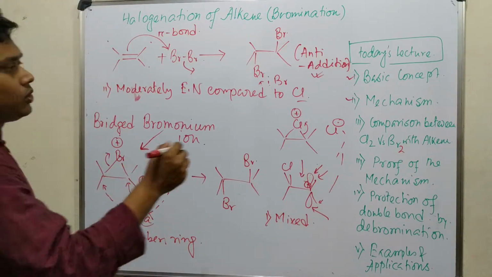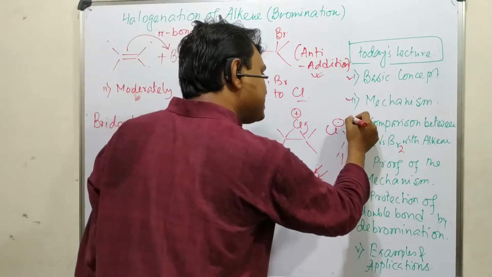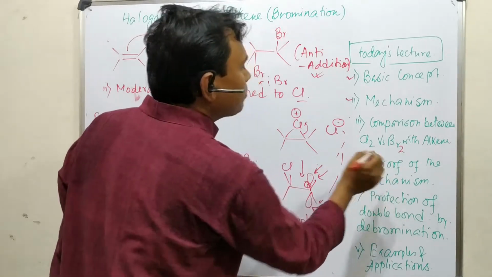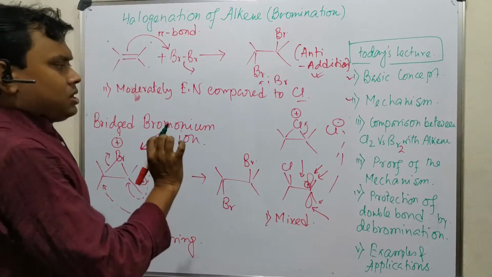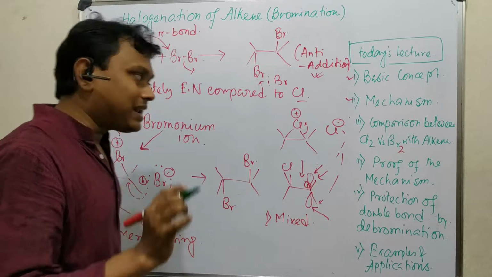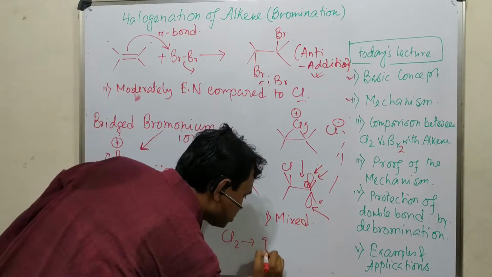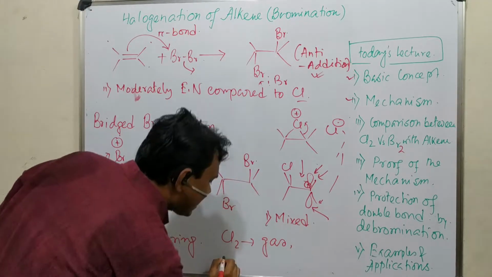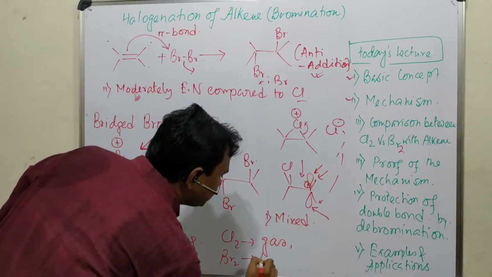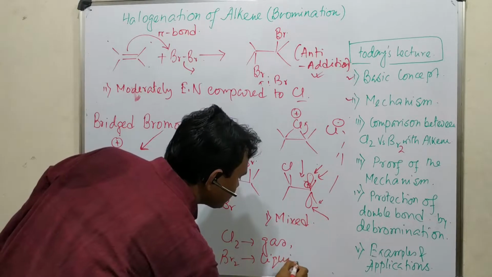But as I told, this comparison we have discussed, fine. Now is a proof of concept. So we have understood why chloronium, and another thing, keep in mind chlorine is a gas, so difficult to handle, whereas bromine is a liquid, so you can handle it properly.